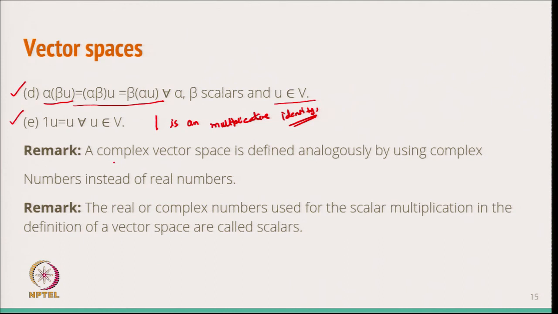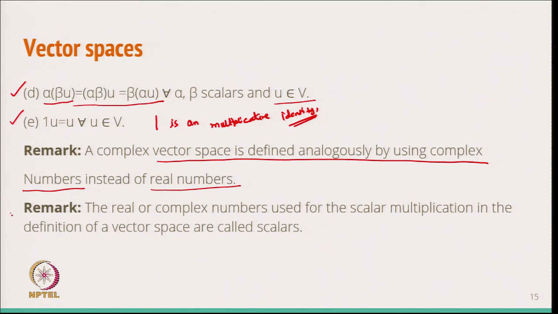So, this is the remark: a complex vector space is defined analogously by using complex numbers instead of real numbers. The same way we can define the set of complex numbers, and if we satisfy the given conditions of the vector space, then it becomes a complex vector space.